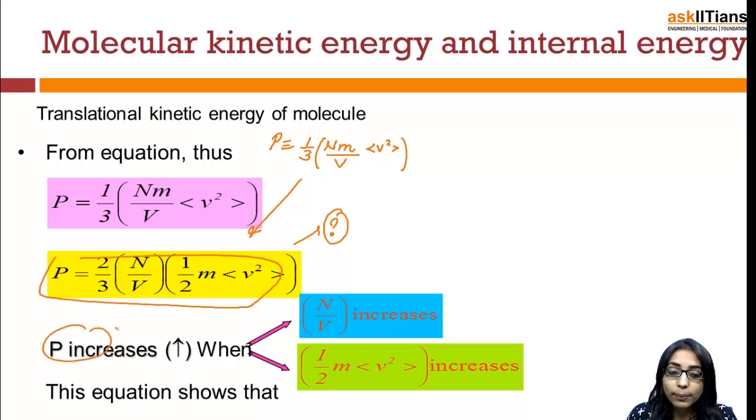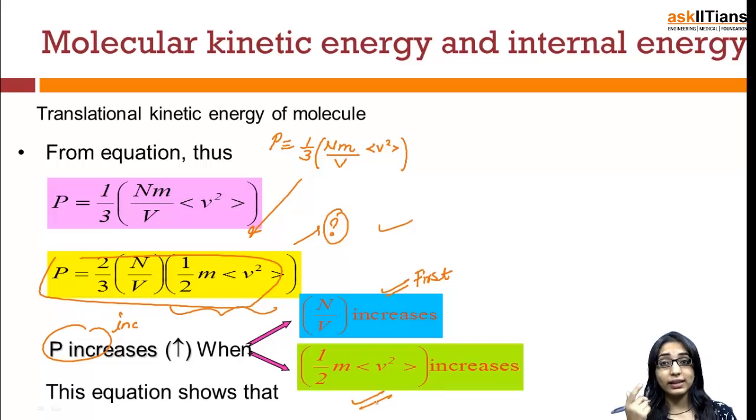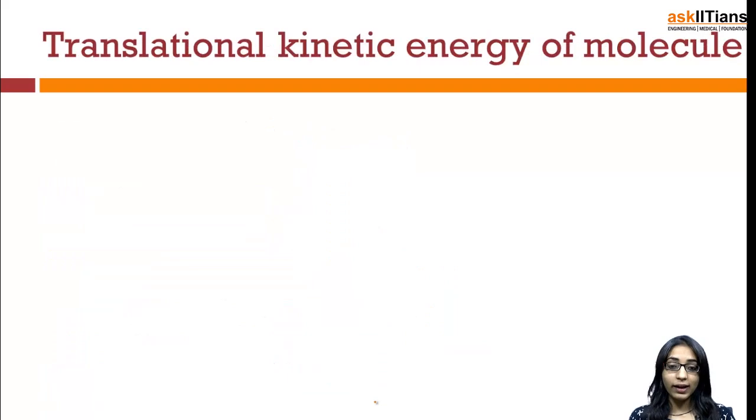Let us try to find out the conditions when there can be an increase in pressure. So I will say the pressure will increase when N by V increases, so this is the first factor. With an increase in N by V, the pressure increases. Also, if you increase the second factor, this kinetic energy factor, then there will also be an increase in the pressure of the gaseous system.